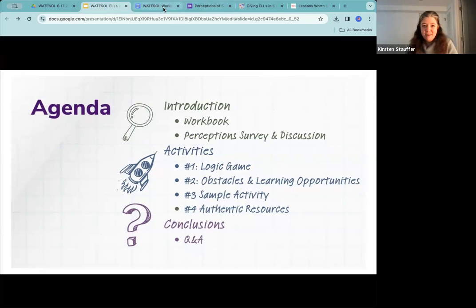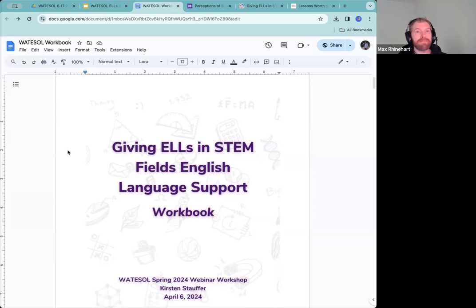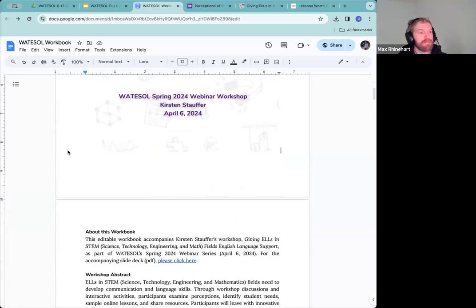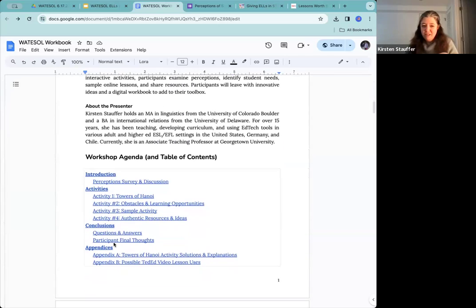So it should open something that looks a little bit like this. Does that work for you? Great. So we'll be working through this morning. So you can always use the links here as well to help move us through.